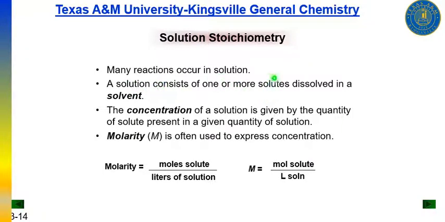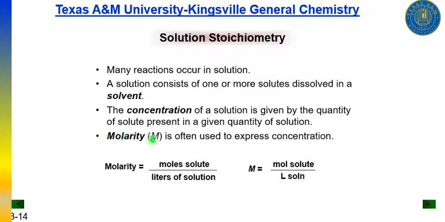It is composed of at least 1 solute and 1 solvent. The concentration of a solution is given by the quantity of your solute present in a given amount of solution, such as 2 liters, 500 milliliters.